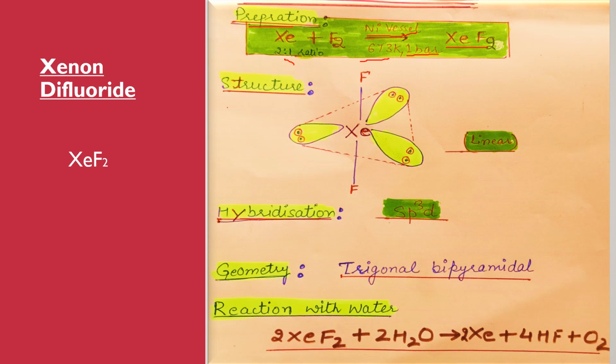The structure of xenon difluoride is linear. It involves sp3 hybridization, which adopts trigonal bipyramidal geometry in which three positions are occupied by lone pairs. Because of the symmetrical arrangement of the lone pairs, the net repulsion on the xenon-fluorine bond pair is zero.